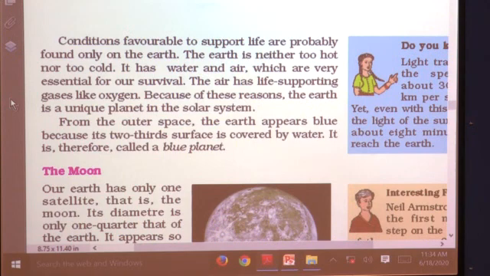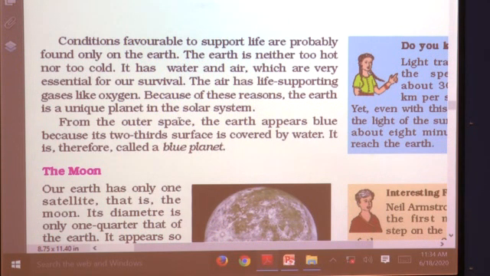Then again it has food, air, water, everything we get only on earth, and plus this earth is neither too hot nor too cold. So, because of all these reasons, our earth is called a unique planet in the solar system.